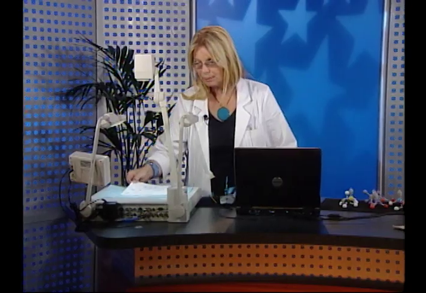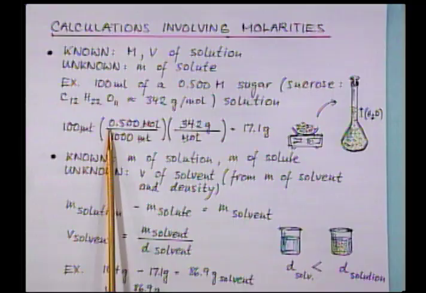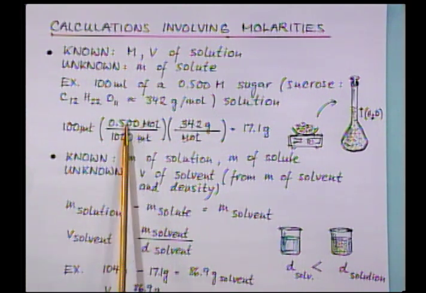Now let's look at some calculations dealing with molarity, since that's the most common concentration unit in everyday chemistry. We have 3 calculations that we can show you here, and that is known molarity and volume of a solution, unknown is the mass. So you remember the dimensional analysis method that you learned. What is given is 100 milliliters we need to prepare, and we have here 0.5 molar, and that translates quickly into moles over liters or milliliters.